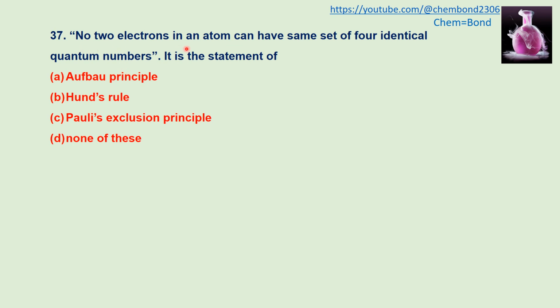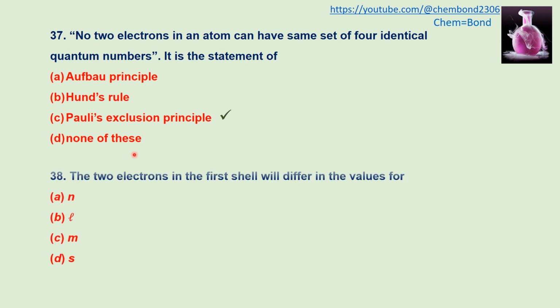No two electrons in an atom can have the same set of four identical quantum numbers. This is the statement of Aufbau principle, Hund's rule, Pauli exclusion principle, or none of the above. So it is the statement of the Pauli exclusion principle. A similar question: the two electrons in the first shell will differ in the value of n, l, m, s.